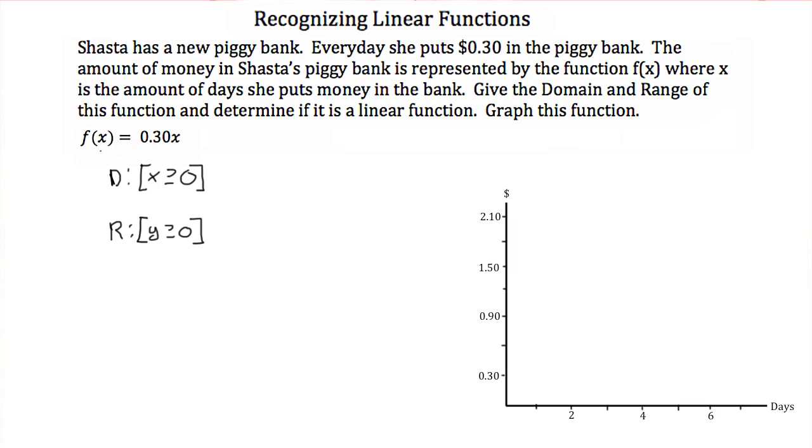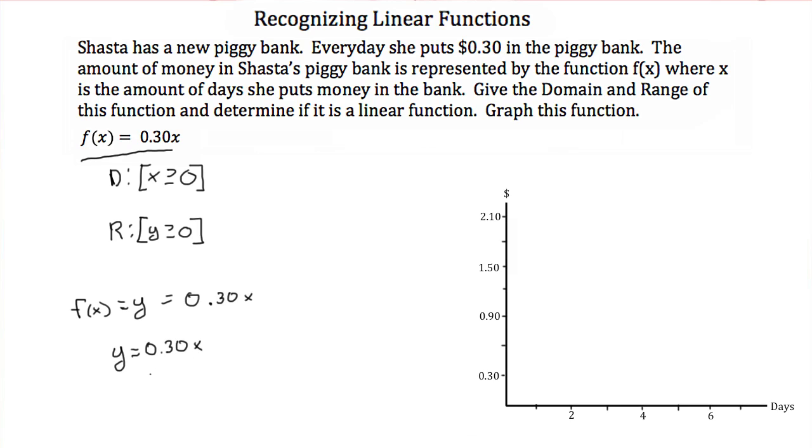Now, is this function a linear function? Well, remember, f of x is equal to y, and therefore y is equal to 0.30x. Well, if y is equal to 0.30x, and we want to know if this is a linear equation, we need to put it in the standard form.